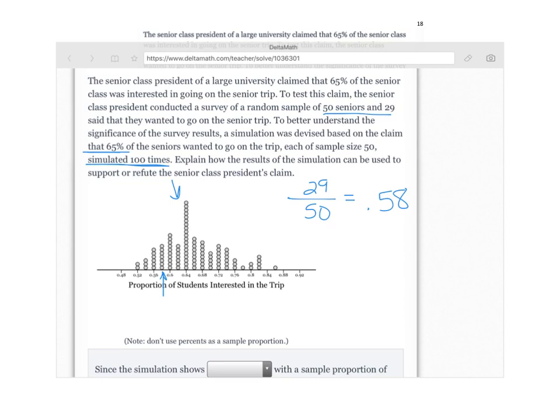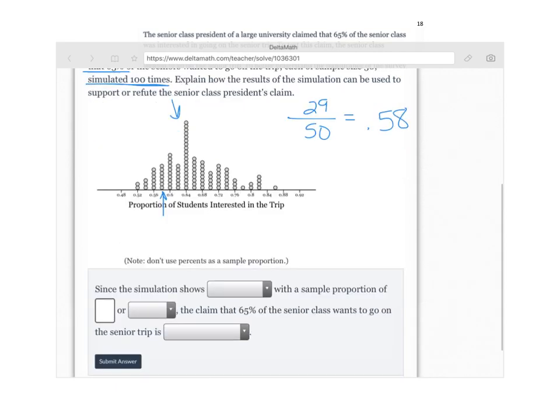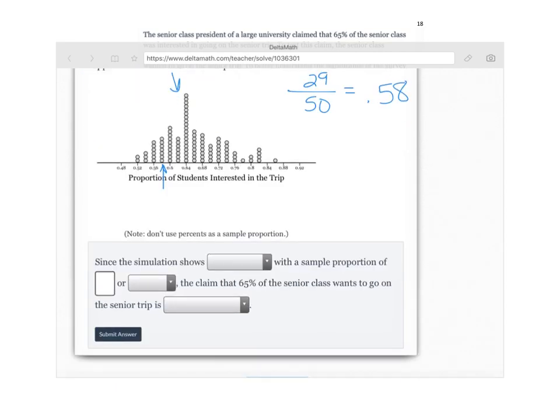But if I look at this, and I'm going to scroll down the page first just so we can see this, we do see that there are many cases. Okay, so there's a decent number of dots that are here or lower. If we think about 95% and kind of cutting it off, 95% might be there. This is within that confidence interval, which we talked about in the other lesson.